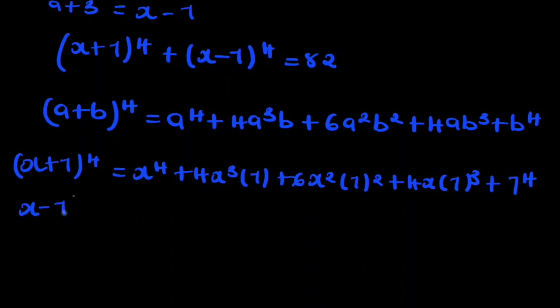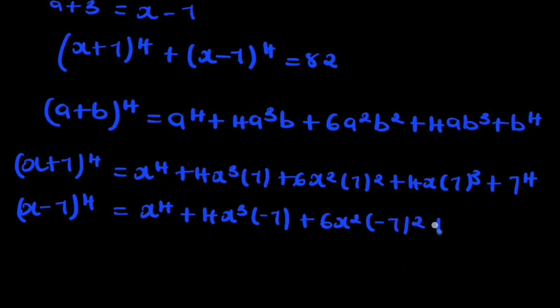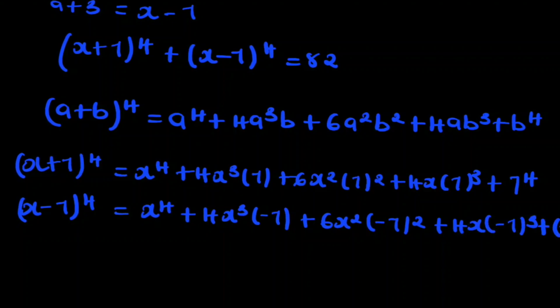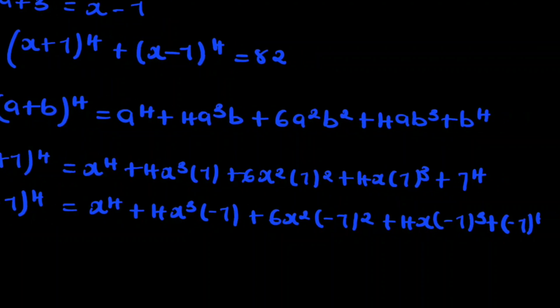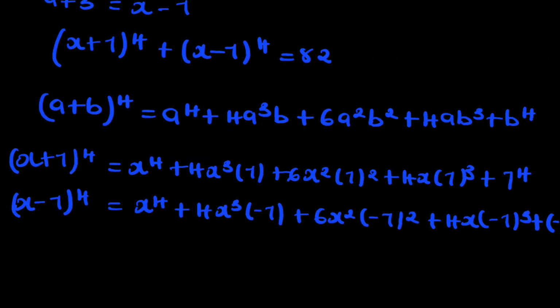And (x - 1)^4 is x^4 + 4x^3 times minus 1 + 6x^2 times (-1)^2 + 4x times (-1)^3 + (-1)^4. Okay, so now we are going to substitute them back into our original equation.